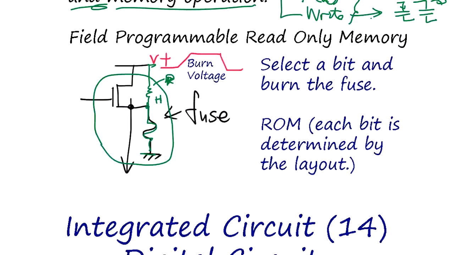If the fuse is intact, then this goes low, because the fuse resistance is much lower than this resistor R.